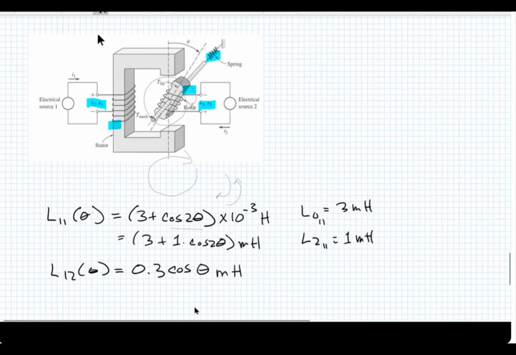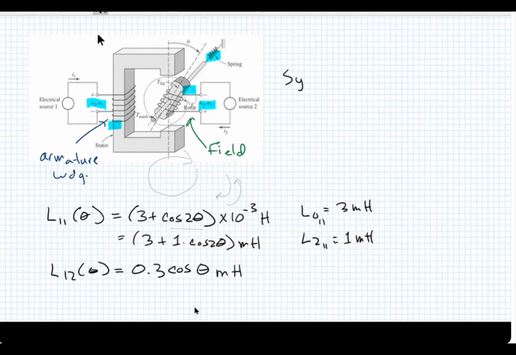Now here's an interesting thing, and it'll become clearer. We actually have an example here of two windings, and we can call this winding here a field winding and this winding here an armature winding. And this is actually what I would call a synchronous machine. Sorry, let me not get ahead of myself. This will be AC here.